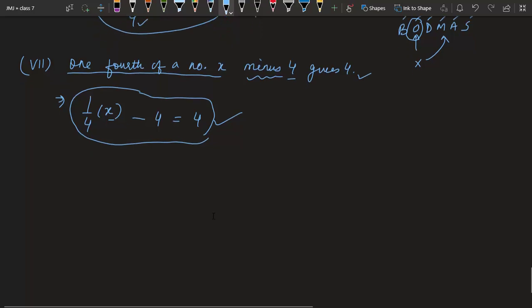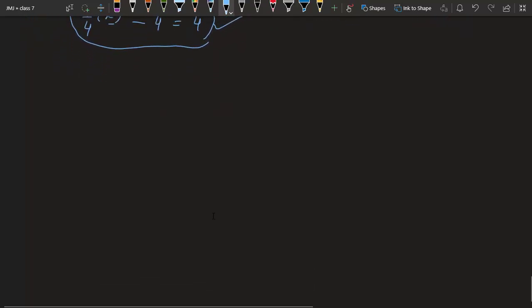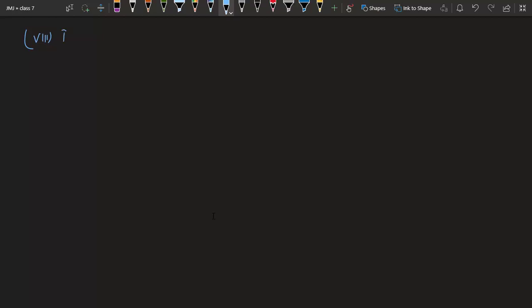Now let us see the 8th part. The 8th part is, if you take away 6 from 6 times y, you get 60. Again we have to understand, something is being taken away from something.